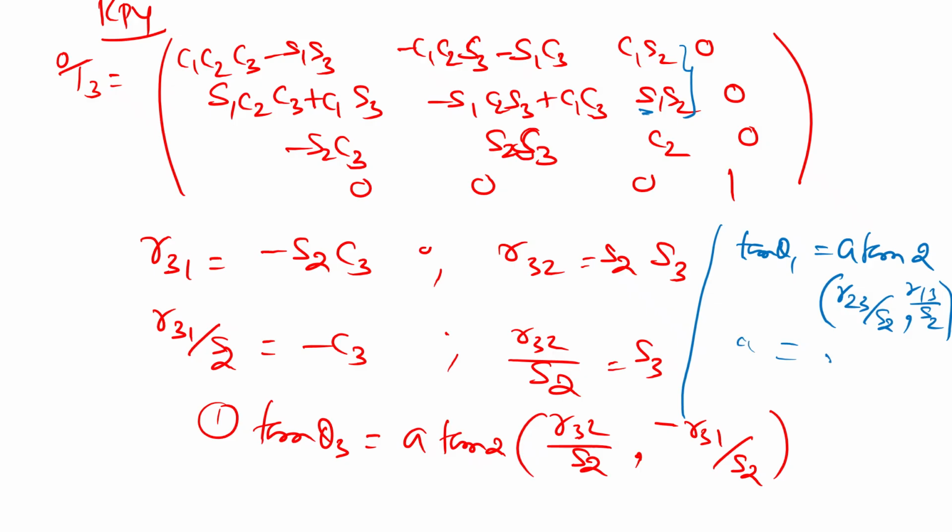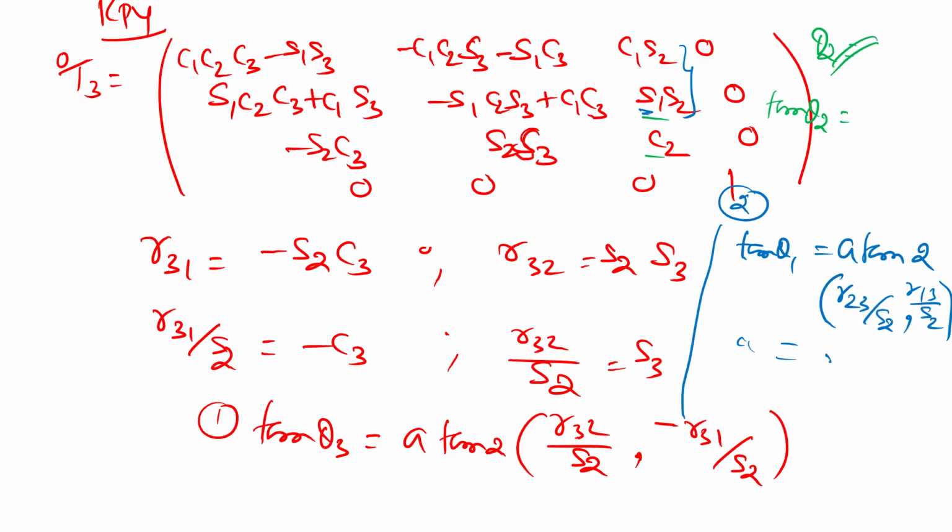Okay, so this is my second. Now theta 1 is here, theta 3 is here, so now we have to find theta 2. How will you get theta 2? You can take these ratios. Tan theta 2 equals, we want the sine term.